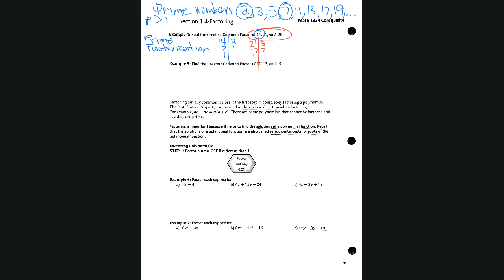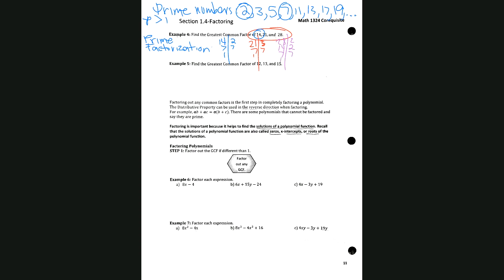So for my third number, 28, I could divide 28 by 2. I will get 14. I could divide 14 by 2, and I will get 7. And 7 can only be divided by 7, or 1, of course, and that will give us 1.